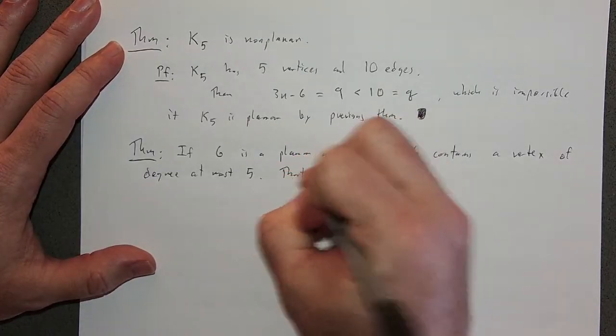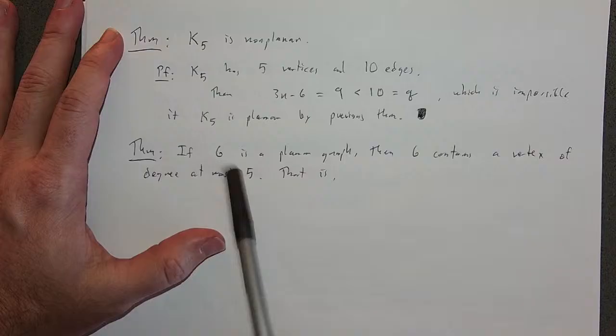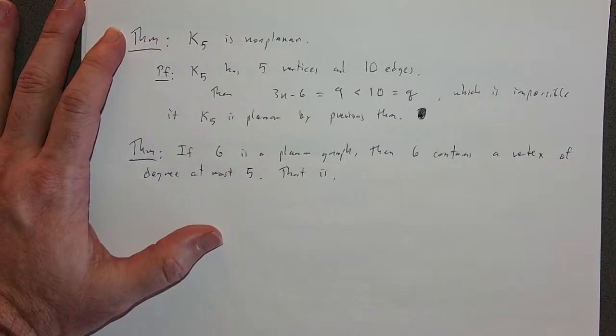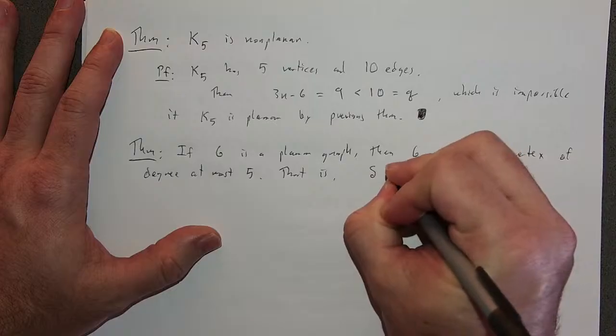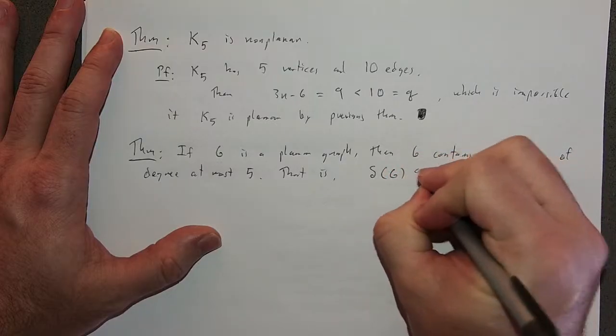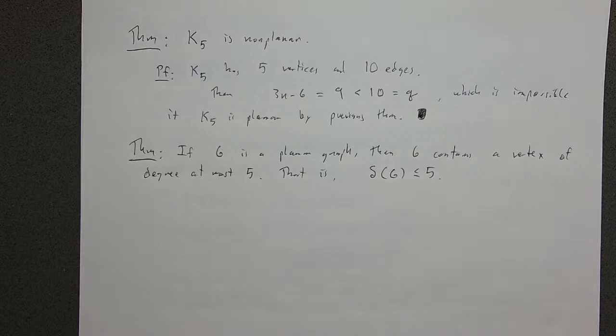That is, this might be a little bit awkwardly stated, but think about it. This is saying that the minimum degree of G actually can't be larger than 5. So it's less than or equal to 5.